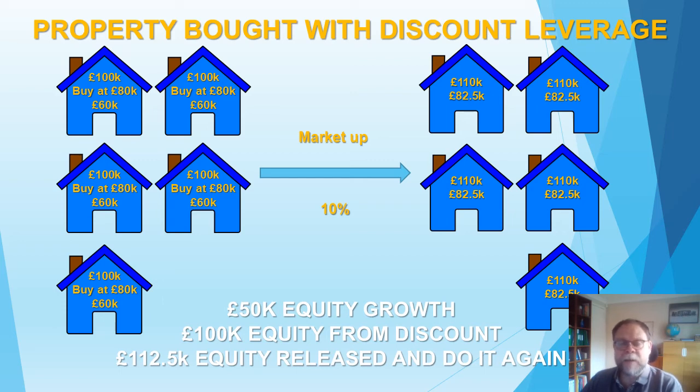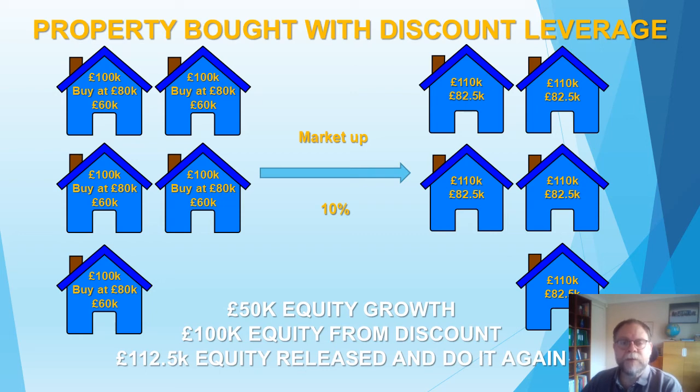Now, even better than that, if we go and refinance these properties, we can still release £82,500 for each house. The previous mortgages were £60,000. Now this means we will release £22,500 for each house. So we've invested £100,000.